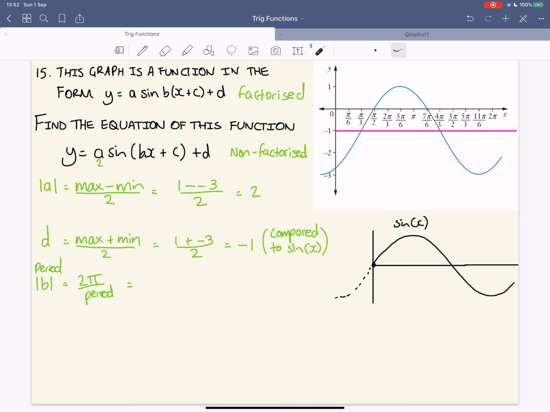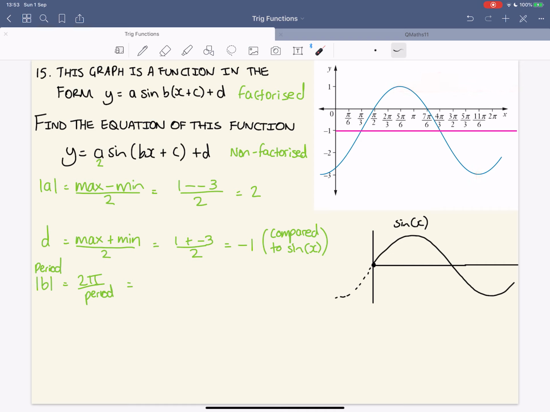So what we'll do is we'll use our logic and just determine the distance between this and this, so that and that is that there. And the distance between a peak and a trough is just half the distance between 2 peaks or 2 troughs. So whatever this distance is here, we'll just times that by 2, and that'll give us the extra bit, which will determine our period. All right.